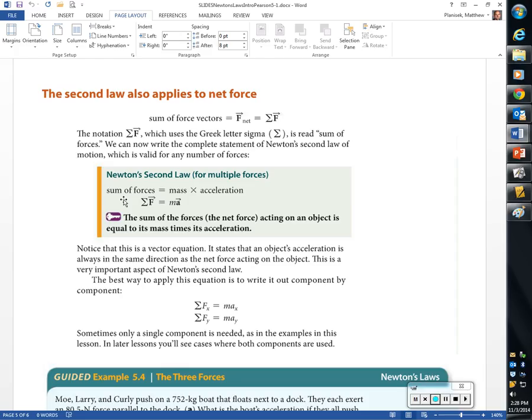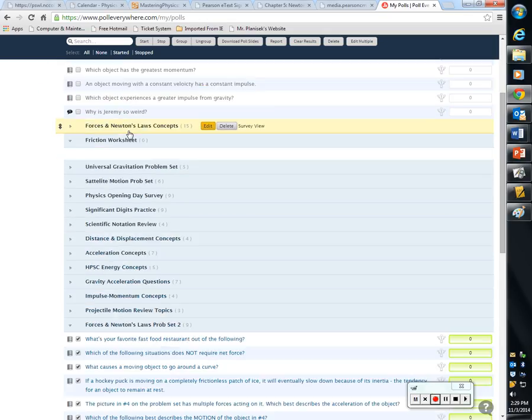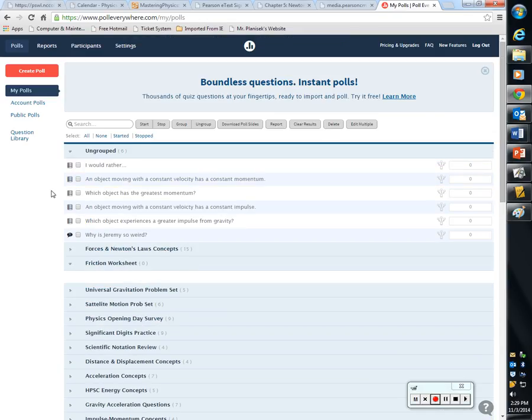But today, I wanted to make sure that we had some concepts down, that we understand these things in the application of just the laws themselves, not numerically necessarily, but from a conceptual standpoint. So, I'm going to show you this website, polleverywhere.com. Poll Everywhere is a data gathering website.